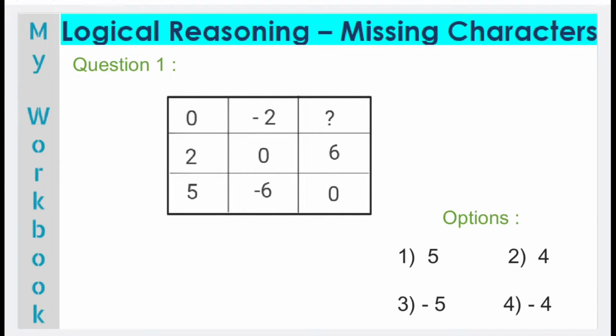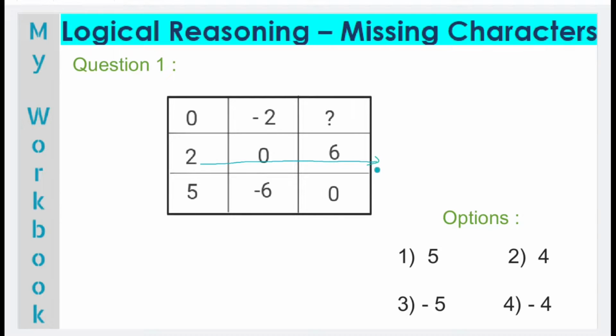Question number 1. We have a rectangular grid. The rightmost position is left as blank and we need to find the number that will come in this position. The options given are 5, 4, -5 and -4. In any rectangular or a square shaped grid, first check the total both row wise and column wise.